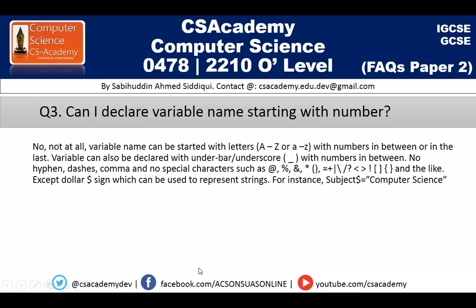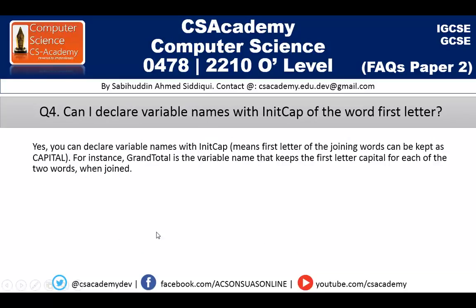So now coming on to the next question, can I declare variable names with InitCap, or the word's first letter? I repeat the question. That means if you are declaring the name, should the name be capital, or should it go in running letters? Yes, you can declare variable names with InitCap.